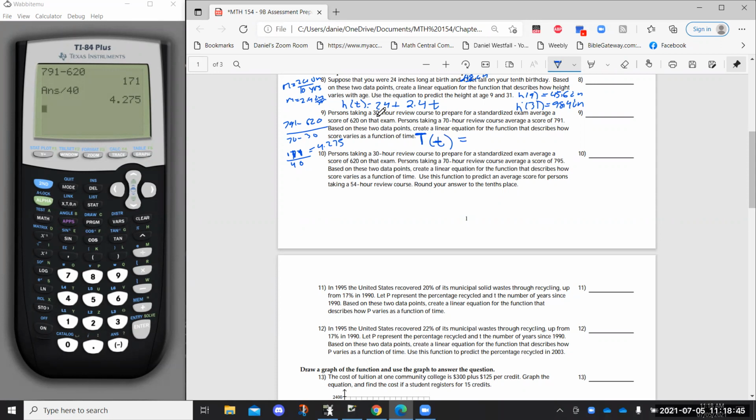So 4.275 times 30 is 128.25. So I need to subtract that off of this 620. It's the score for 30 hours. And my score they should get without any studying should be a 491.75, and I should be able to add 4.275 for every hour that they study.